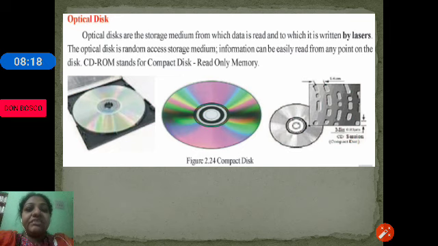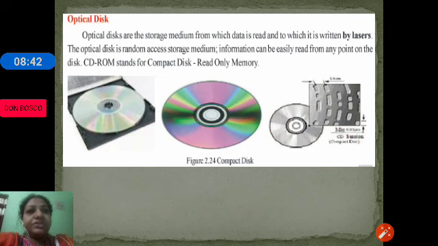And the DVD's capacity is 4.6 to 4.7 to 16 GB of data one DVD can store.